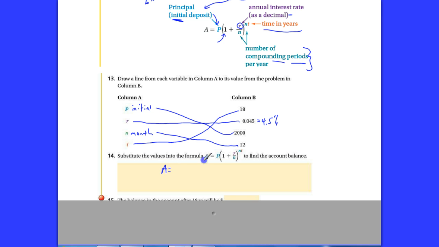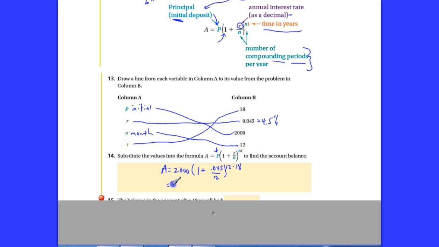So A is equal to P, that's the initial amount, 2,000, times 1 plus the interest rate, which is 0.045, divided by N. N is the number of times it compounds in a year. That's 12. To the power of, now N is 12 compounding times per year times the time, which is 18.